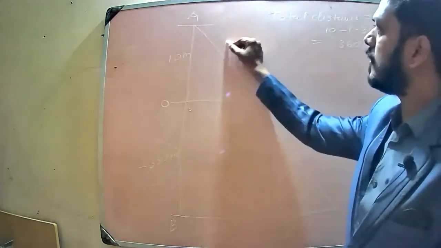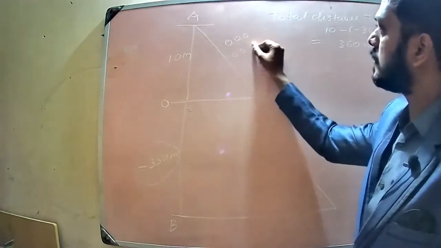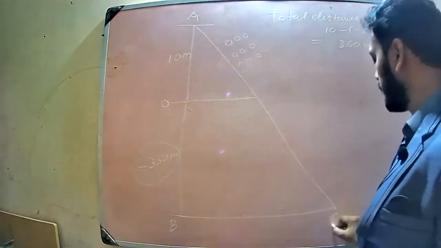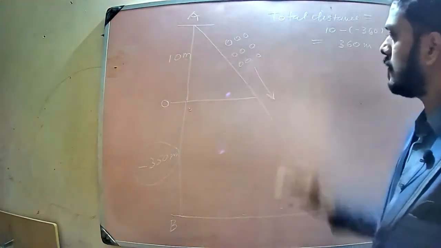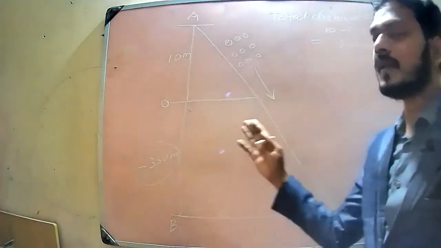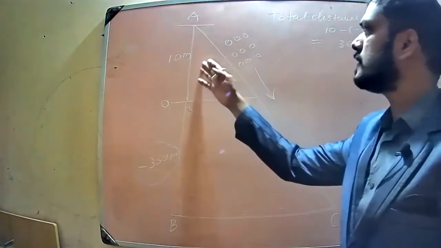What is the meaning of this? Any object sliding from point A wants to reach point B. How does it reach easily? By the help of gravity and by the sliding procedure. So this is our question.